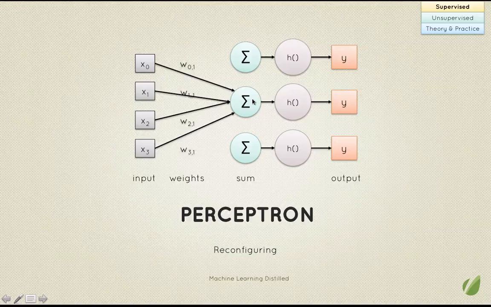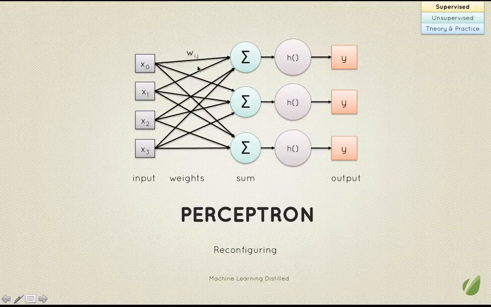Next, we're going to replicate this perceptron, the sum, the h, and the output, several times. Additionally, we're going to have weights that connect every input unit to each of these summing units. So now these weights are w_ij, where i is the index of the input and j is the index of the summing unit.